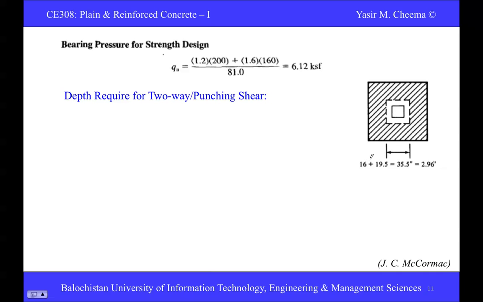So let's first determine this dimension. This is the dimension of the column, which was the 16-inch column. Then it was d by 2 from both sides.